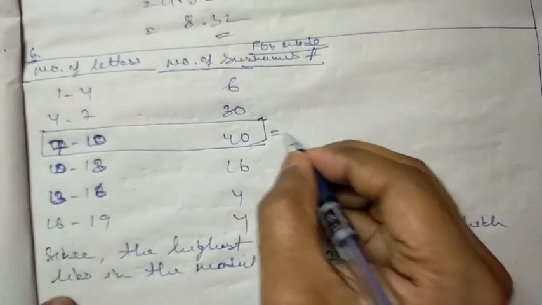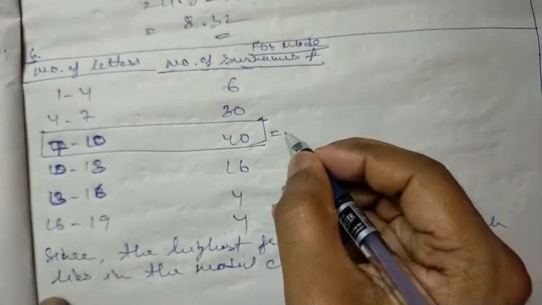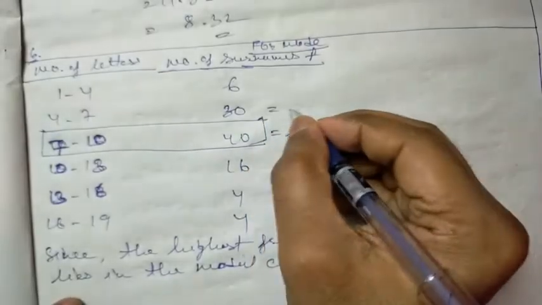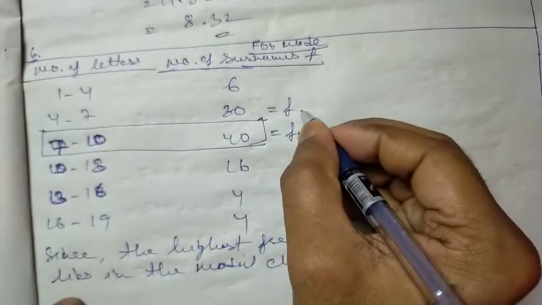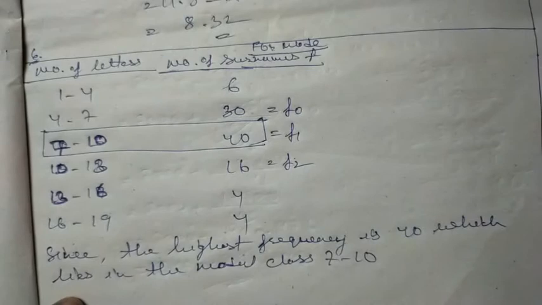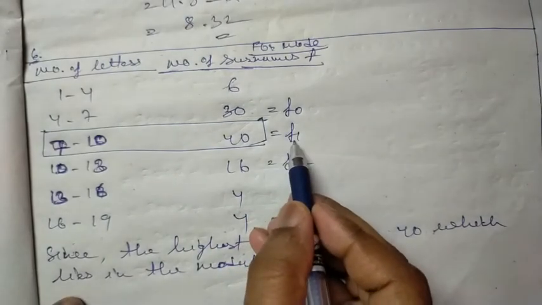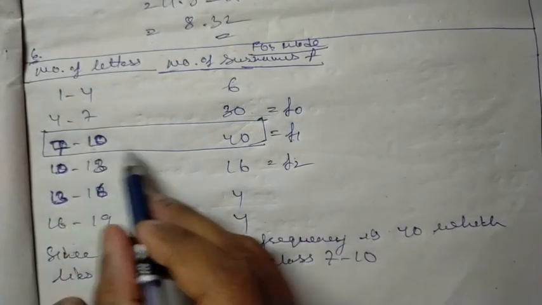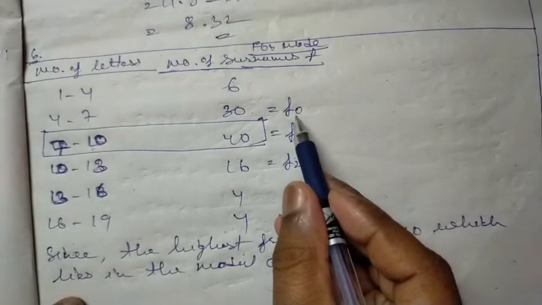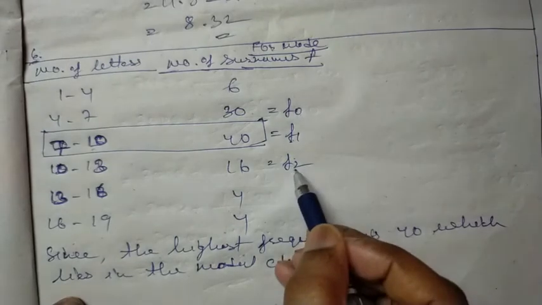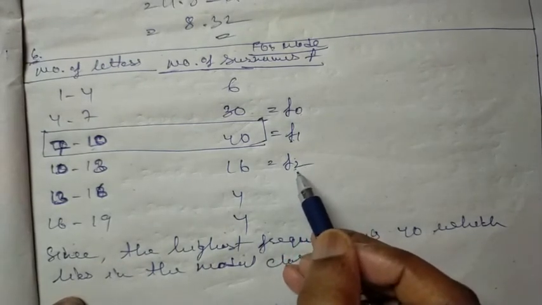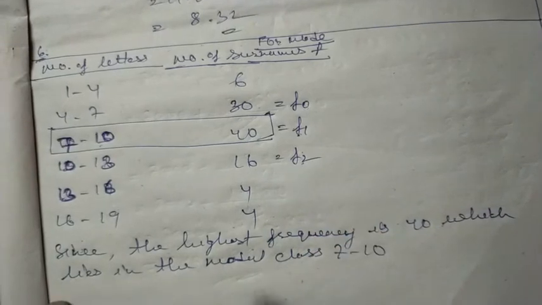So this will be called as the F1. The preceding one will be called as the F0, and this one will be called as the F2. Means this one is the frequency of the modal class. This one will be called as the frequency of the preceding modal class, and this one will be called as the frequency of the succeeding modal class.